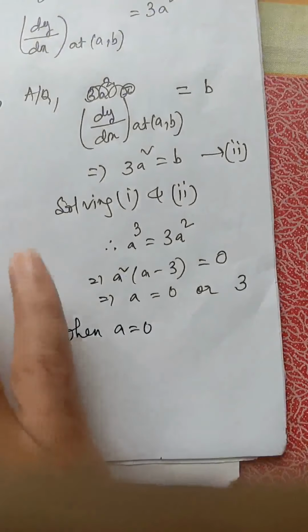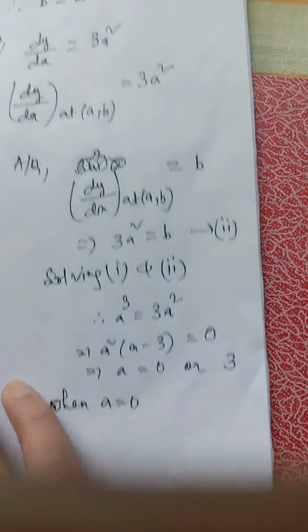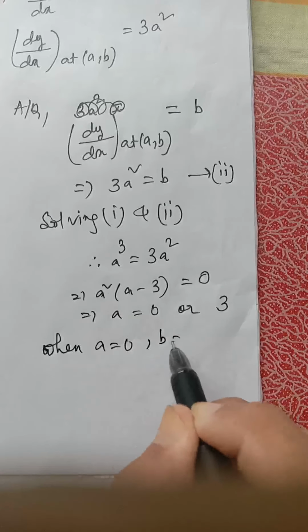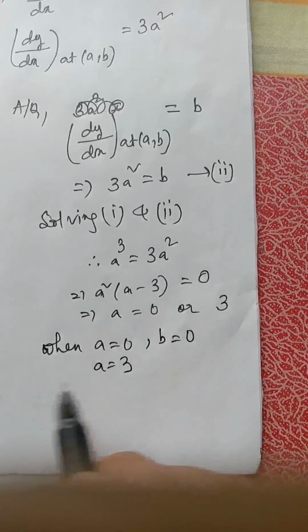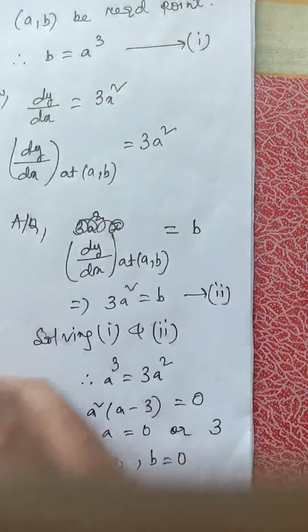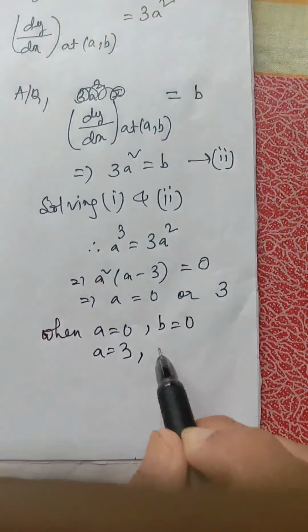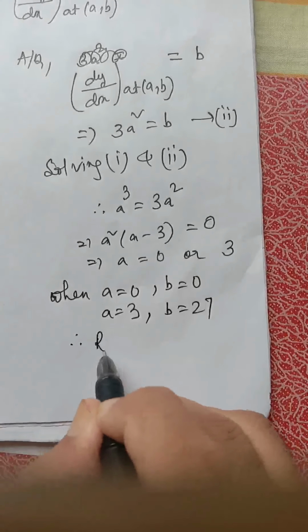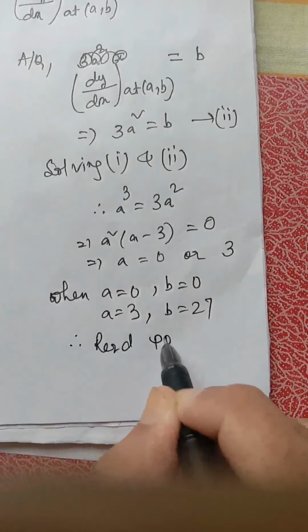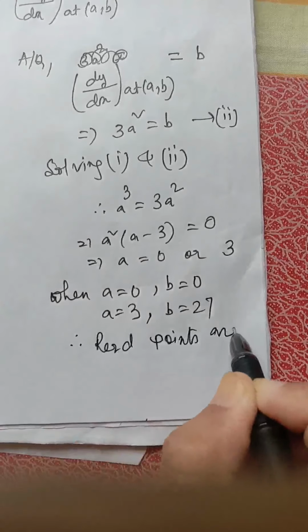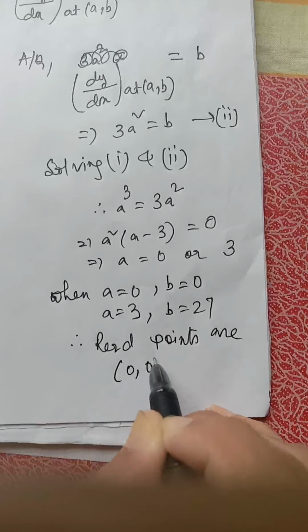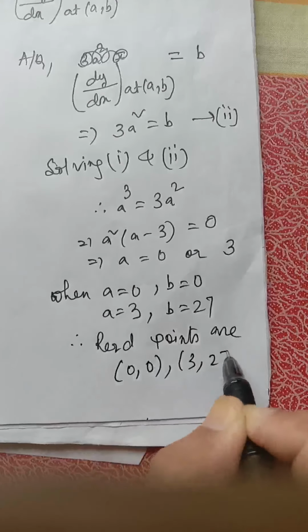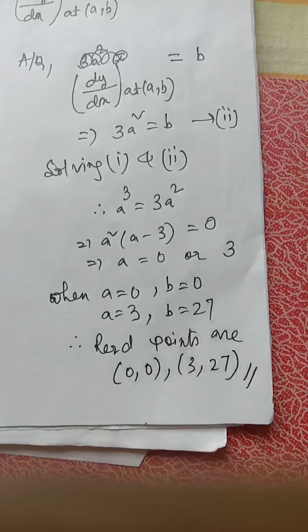When a equal to 0, from 1, b is also 0. When a equal to 3, b equal to 27. Therefore, the required points are (0, 0) and (3, 27).